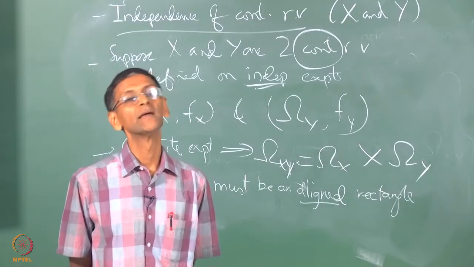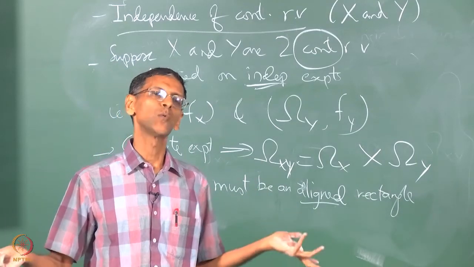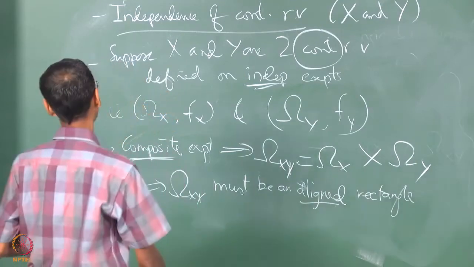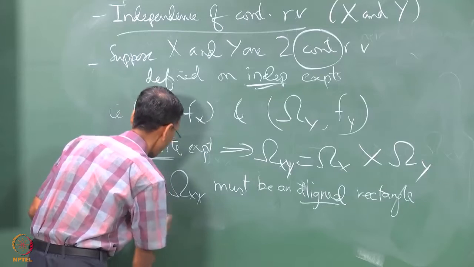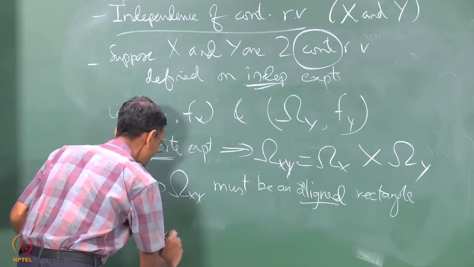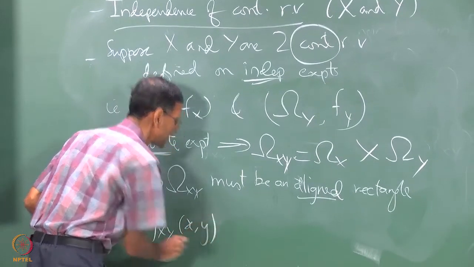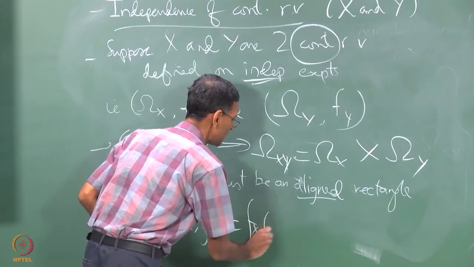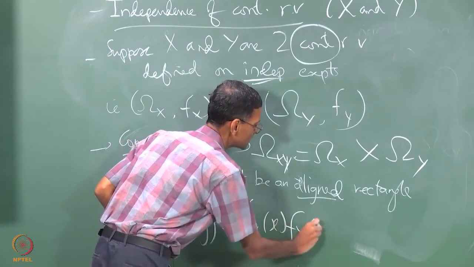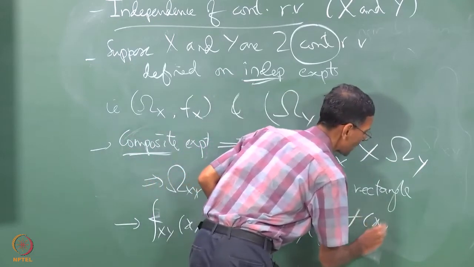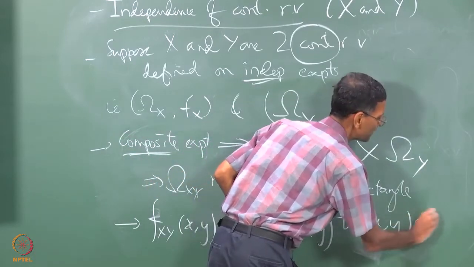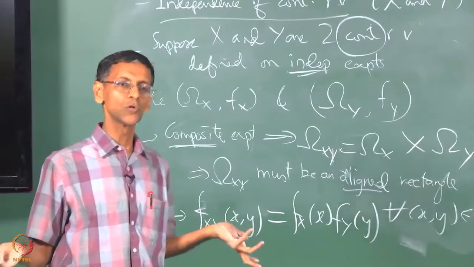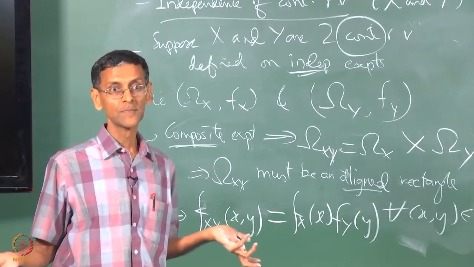What about f_XY? I will obtain f_XY by taking the product of f_X and f_Y. What does that give me? This is the all-important equation now. This composite joint PDF, I claim, in this case is exactly the product of f_X and f_Y, for all (x, y) in R squared, not just omega XY, because outside that the zeros will anyway kick in.